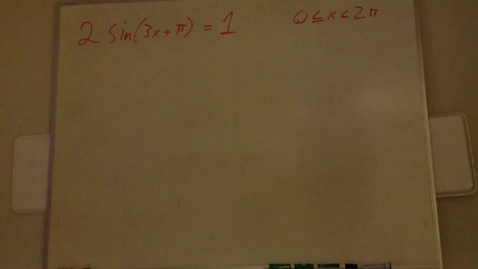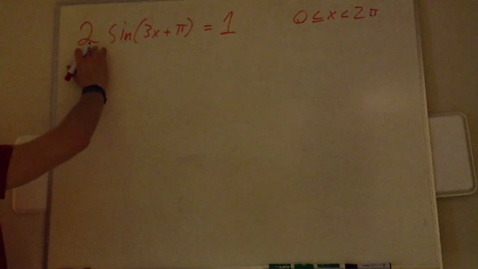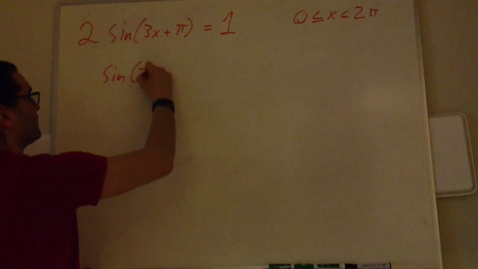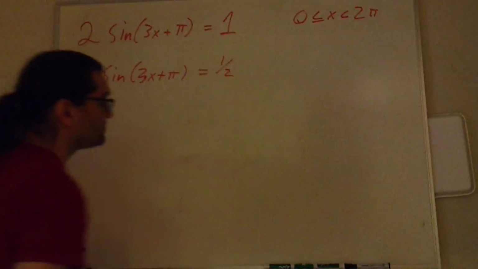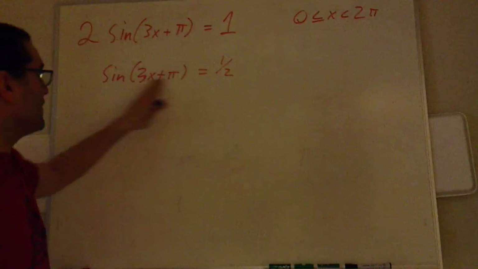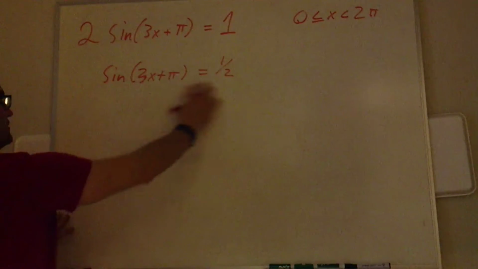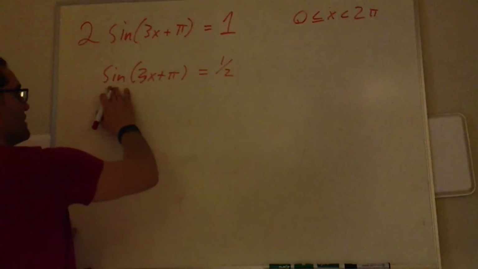So for this one, the first thing that we have to do is isolate the sine by getting rid of this 2. So we'll move straight to the sine of 3x plus pi equals 1/2. 1/2 is a y value that appears pretty frequently on the unit circle. So we can look at which angles create a sine value of 1/2.